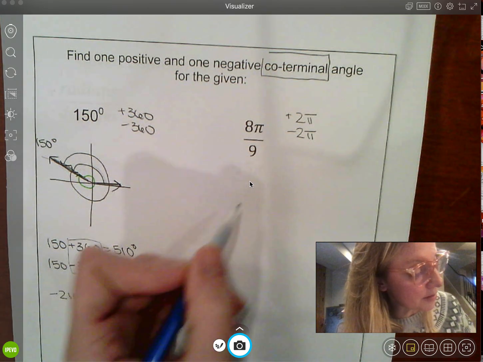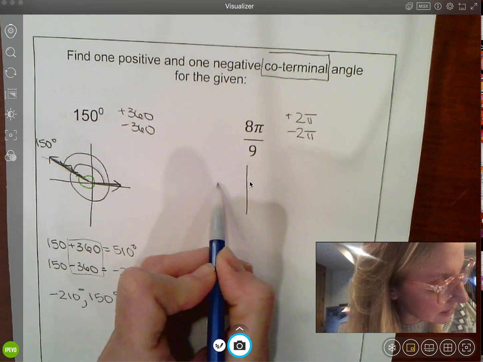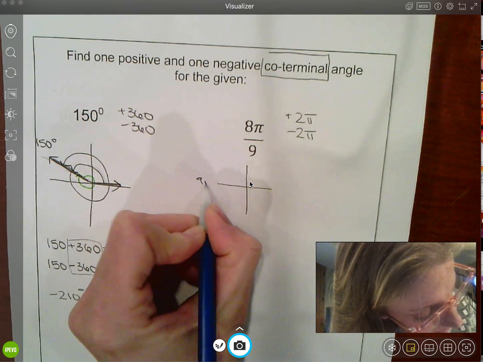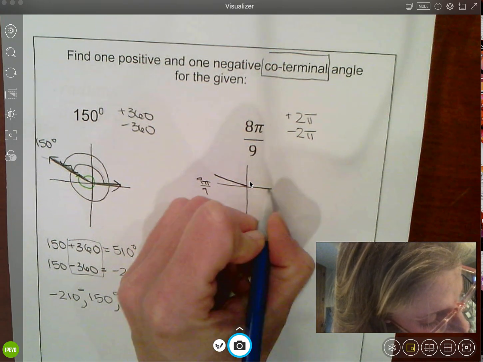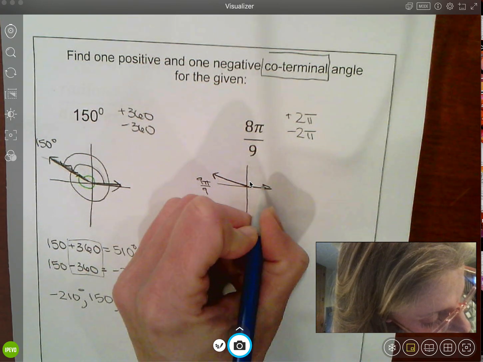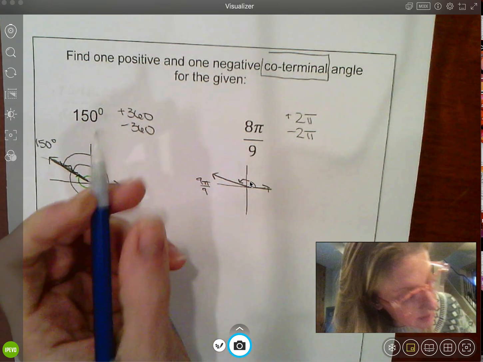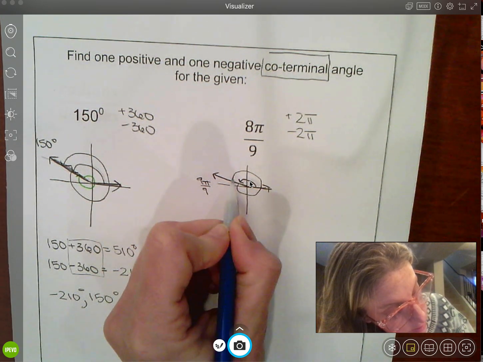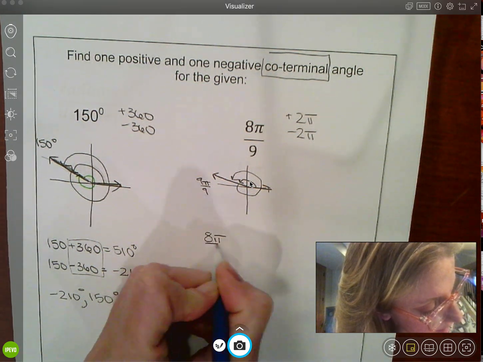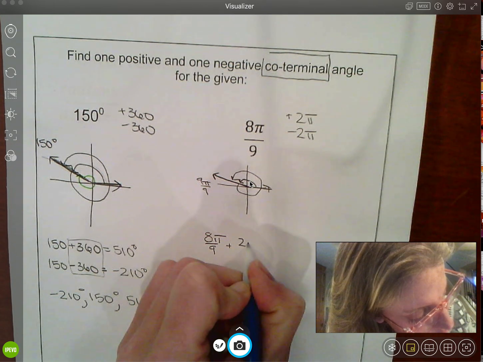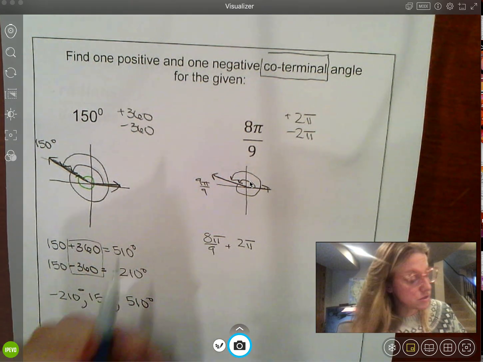So let's think about that. 8 pi over 9. Well, 9 pi over 9 would be right here, so 8 pi over 9 will be just in front of it. So it's also out in quadrant 2. If we go a whole other 2 pi, we'll get that same coterminal angle. So 8 pi over 9 plus 2 pi, that's not so hard to do.